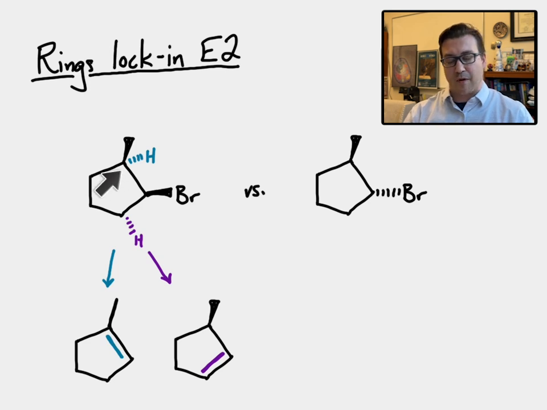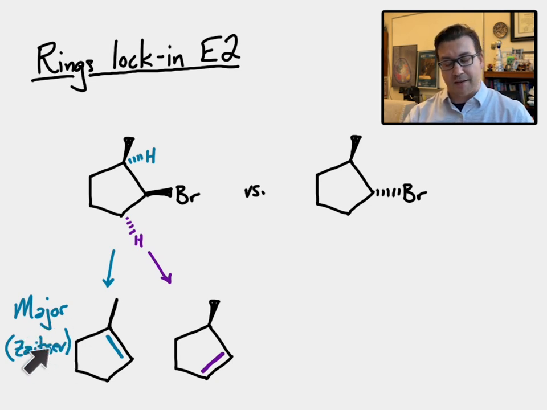If you abstract this one on the top, you're going to wind up with a more substituted alkene. If you abstract this one at the bottom, you're going to wind up with a less substituted alkene. So the major product, your Zaitsev product, is the more substituted one. You'd still form some of this, but again, the major product, which I often ask for, is this one to the left.